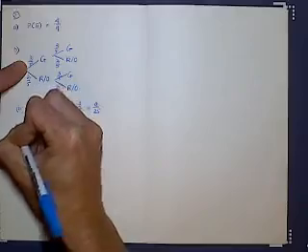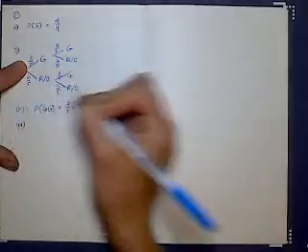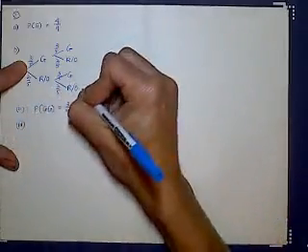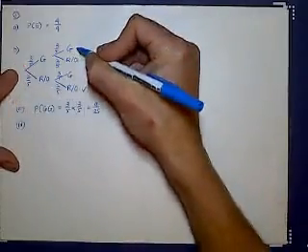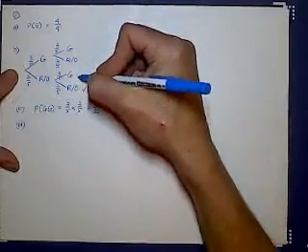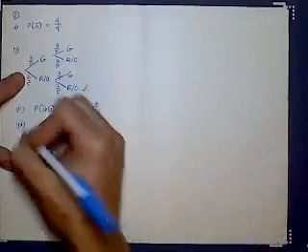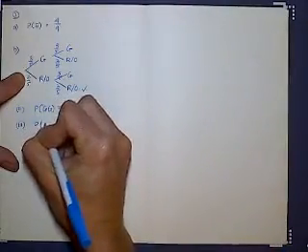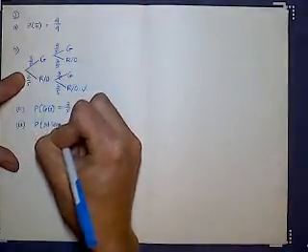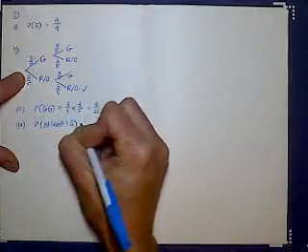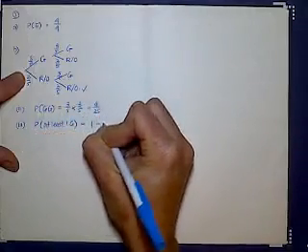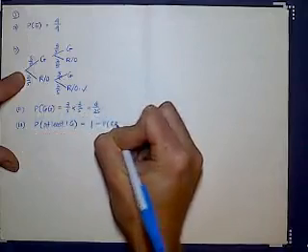Part 3, or the last part of that, says at least one of the lights will be green. Well, all of these options here have at least one green, so all we're going to do is look at the probability of at least one green. That is going to be 1, take away the probability that they're both red.